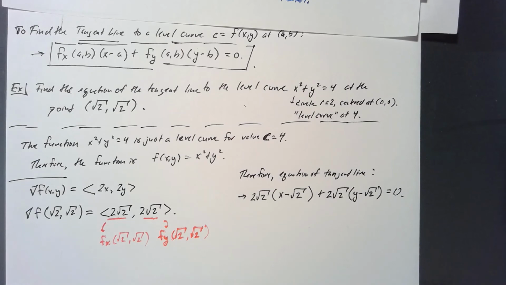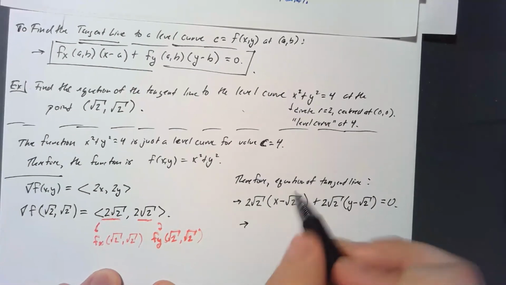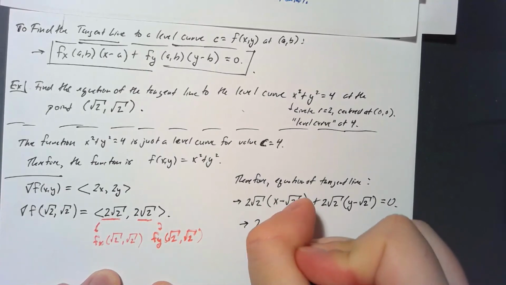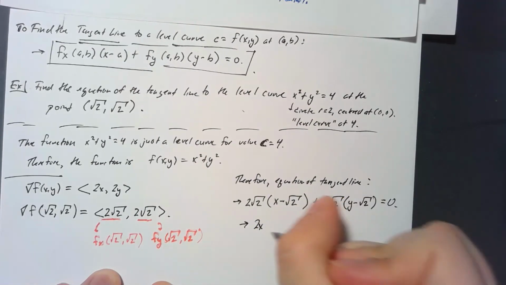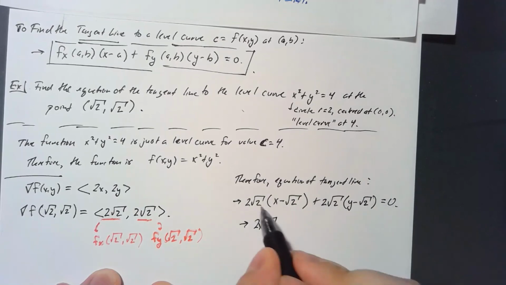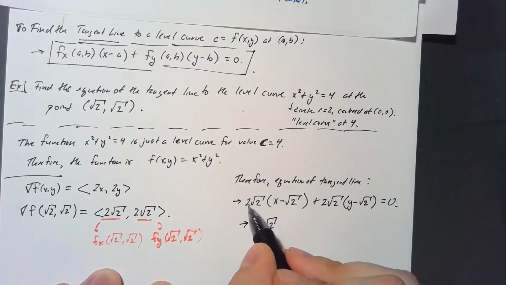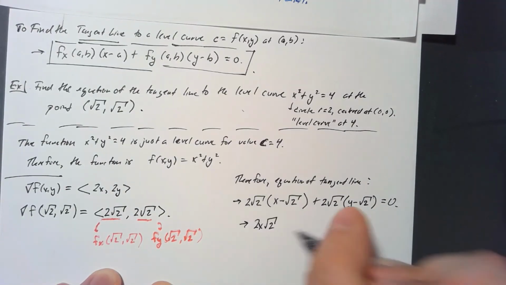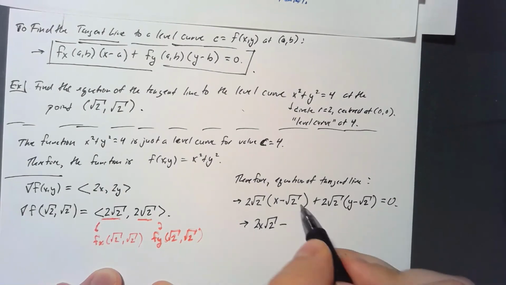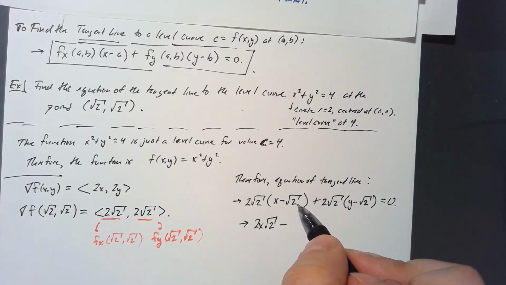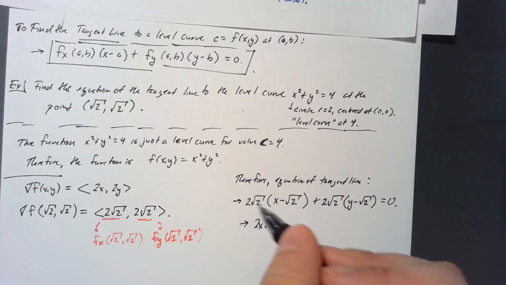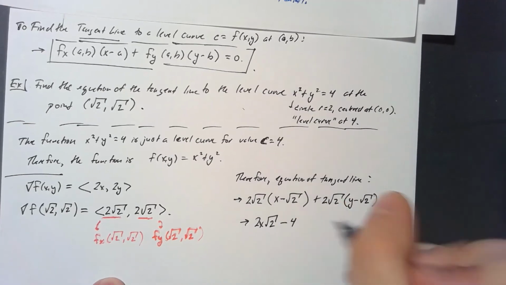So now from here, you could just rearrange, multiply them in and solve for y to get the equation of the tangent line. So you just do algebra here. You're going to have 2x times the square root of 2, just distribute this in. So 2 times root 2 times minus root 2, that's going to be minus. Root 2 times root 2 is the square root of 4, which is 2, and 2 times 2 is 4.